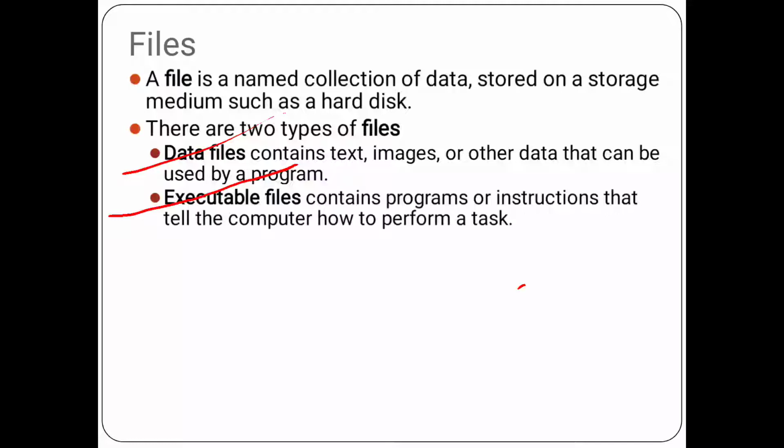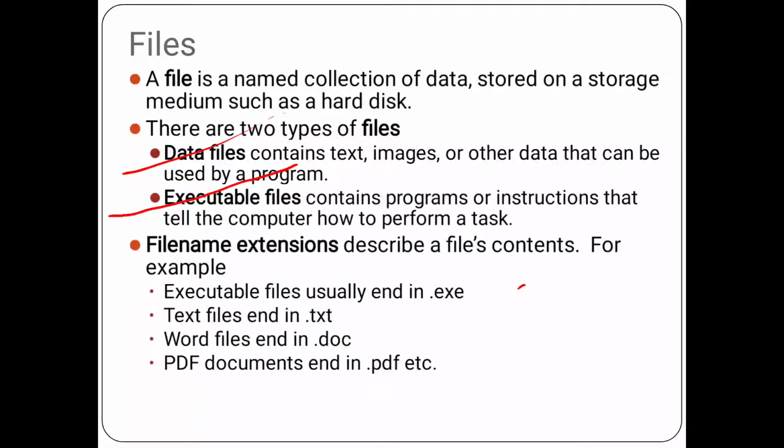A data file contains text, images, or other data that can be used by a program. An executable file contains a program or instructions that tell the computer how to perform a task. फिर है filename extension, which describes a file's content.